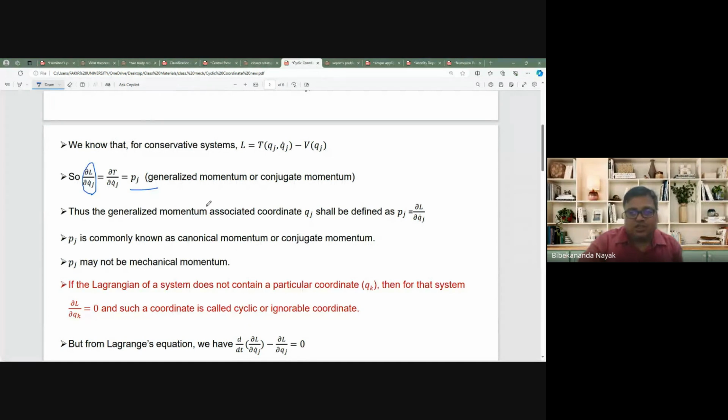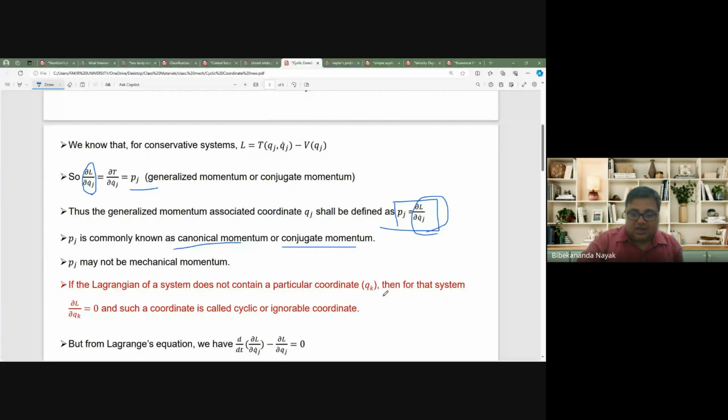So if you put in the Lagrange equation, del L by del Qj dot is equal to Pj. This is the generalized momentum. If a coordinate is Qj, then Pj you can calculate as del L by del Qj dot. It is a general formula. Pj is called canonical momentum or conjugate momentum, and it is related with the coordinate qj as Pj is equal to del L by del Qj dot.